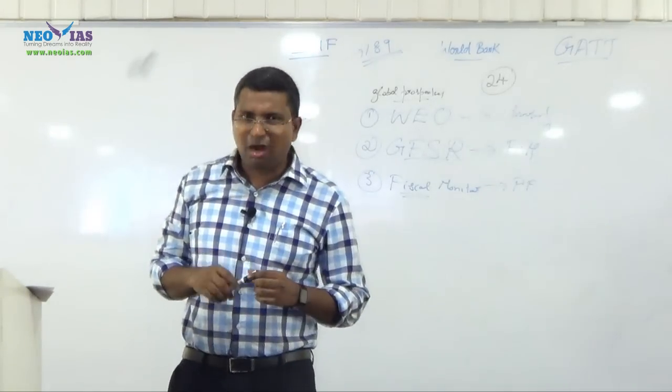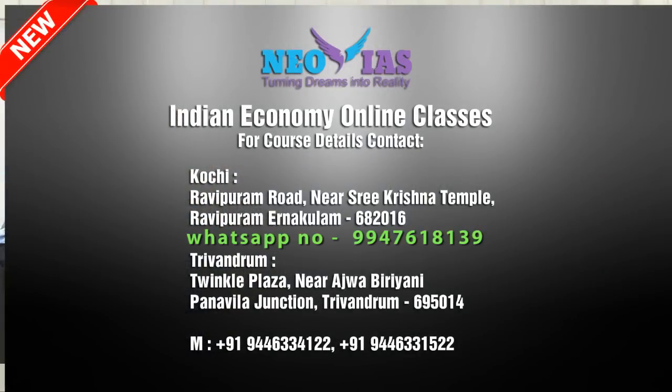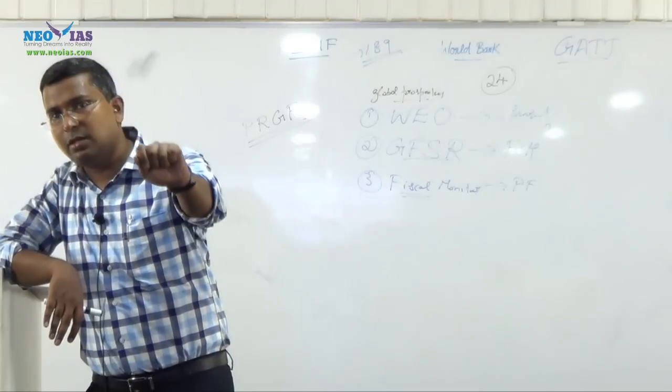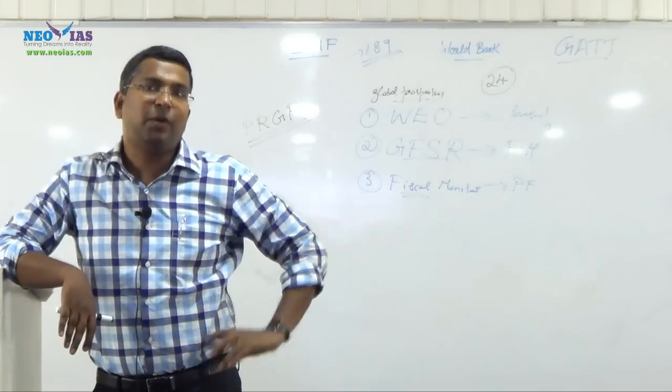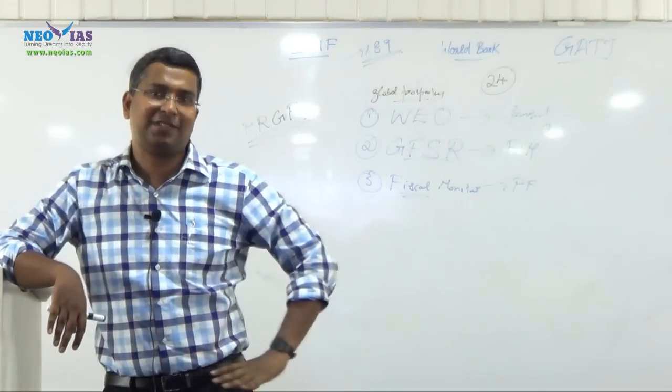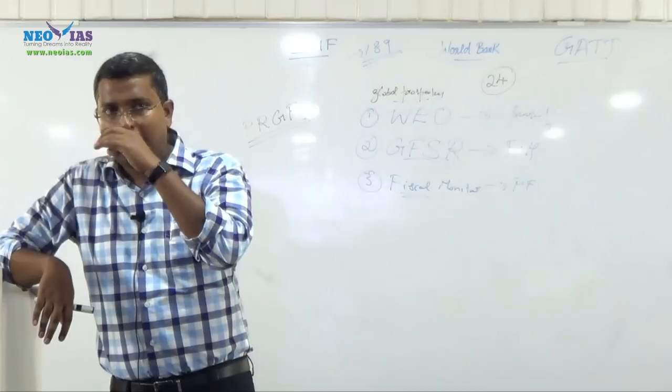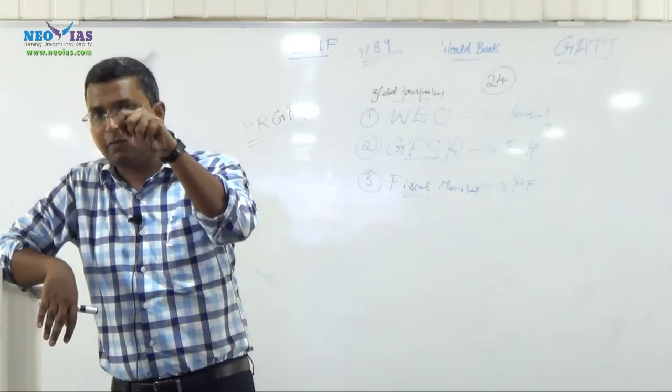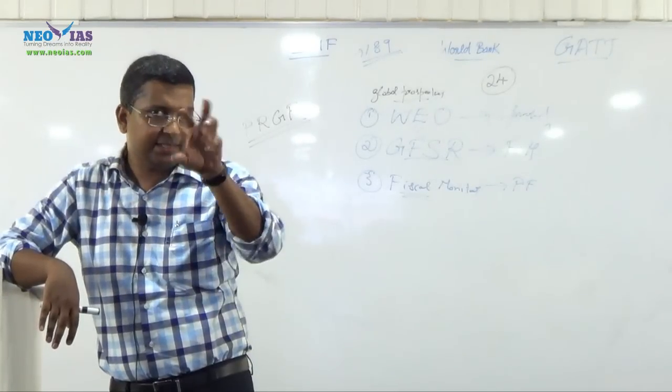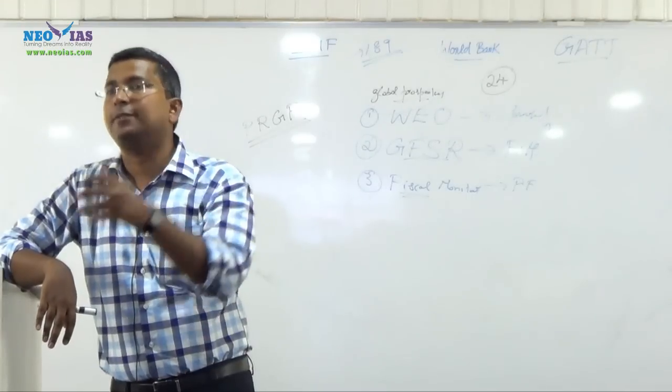Now how this, it's not that important, but just have an idea, since a question I have been asked from this area, that all the 189 countries are represented in this executive board, but the executive board has only 24 members. So it means that for a few countries, there will be a common member. So countries are divided into constituencies.